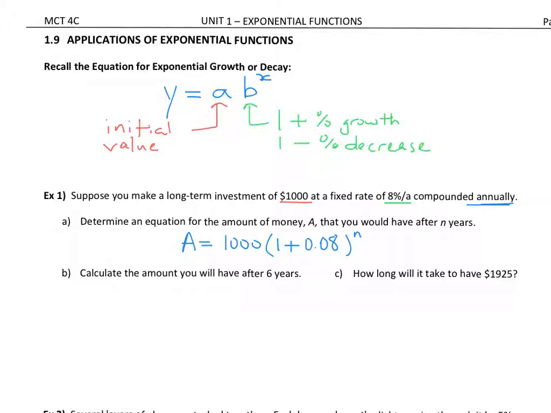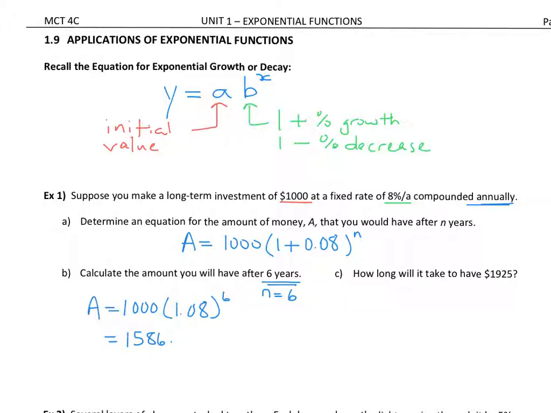Calculate the amount you will have after 6 years. So this is telling us n is equal to 6, and we want to calculate the amount A. So you're just going to sub 6 in for the n, and then do the calculation. So we should have 1,000 times 1 plus 0.08 is 1.08. So I've just added those together, to the exponent of 6. And then you can put that in your calculator. And I think you get $1,586.